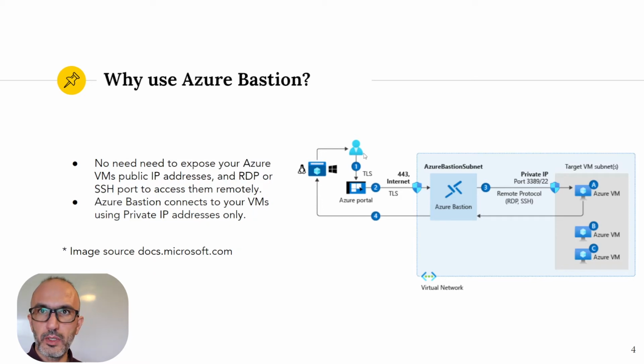So the traffic flow is that, using your personal computer, you would have a public IP address because you want to access the internet, and then the Azure Bastion would also have a public IP address. The connection from your PC to the Azure Bastion is secured and encrypted using the TLS protocol.